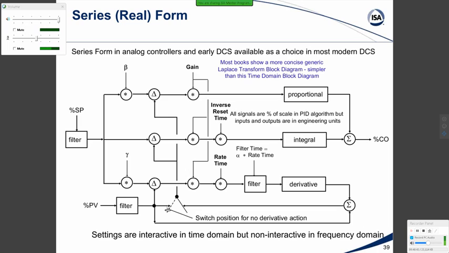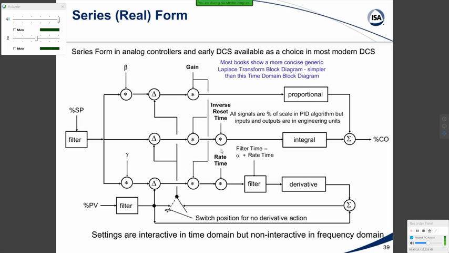But it gets a little complicated with the series form, because it's saying you're doing the derivative action first in series, and so it comes in here, and if this switches to the position where there is derivative action, it comes in here, affected by the gamma in terms of a set point weight for derivative action, and then it goes this route here.